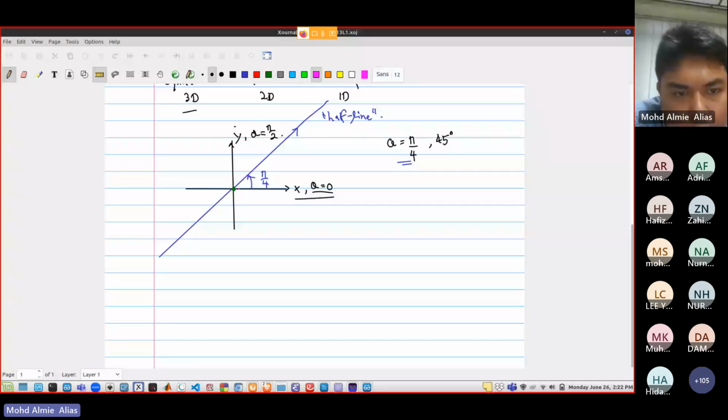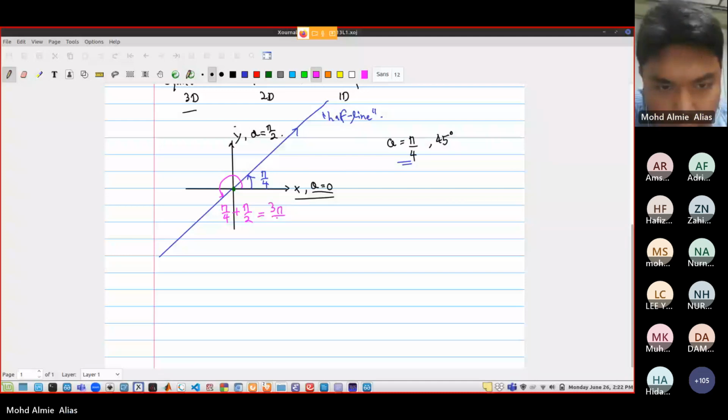Oh, sorry, I forgot the ruler. So this is pi over 4 plus pi over 2, which is 3 pi over 4. Correct me if I'm wrong.